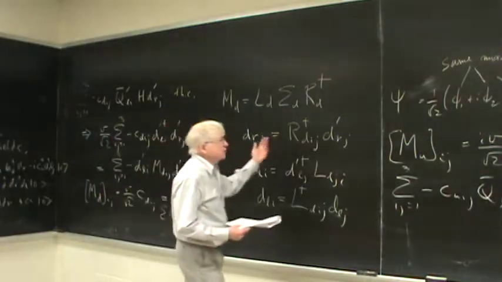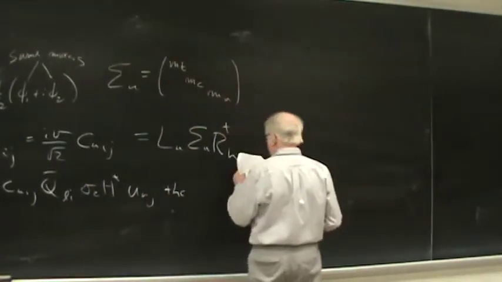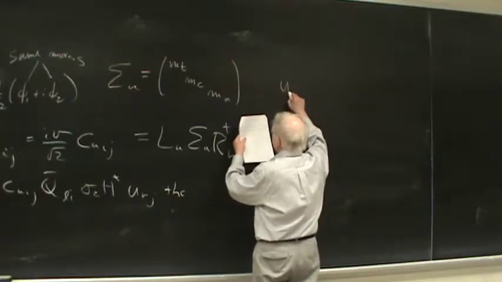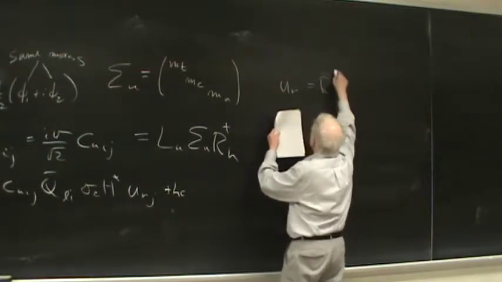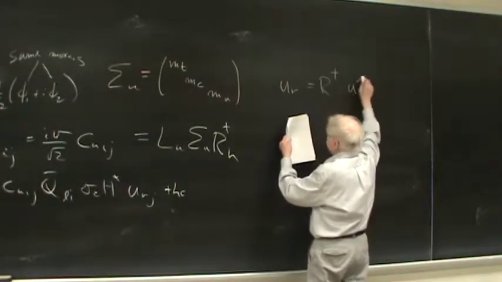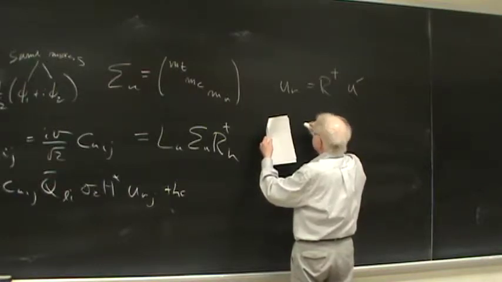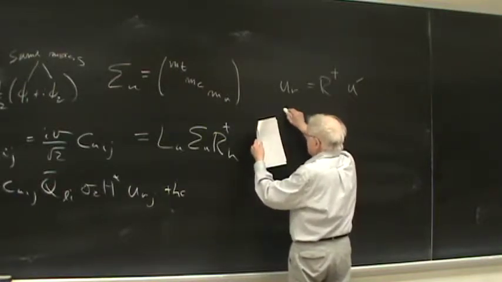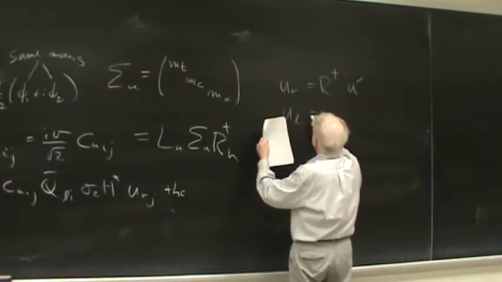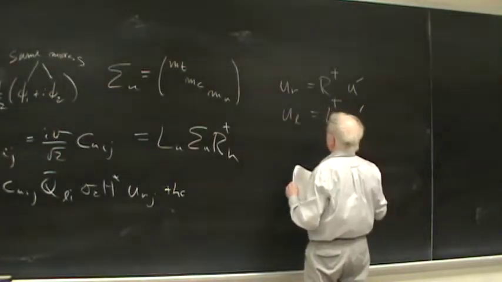And we have the same relations relating the flavor quarks to the mass quarks, so in particular the right-handed flavor quarks are R dagger, mass, flavor, and the left-handed ones are L dagger D prime.